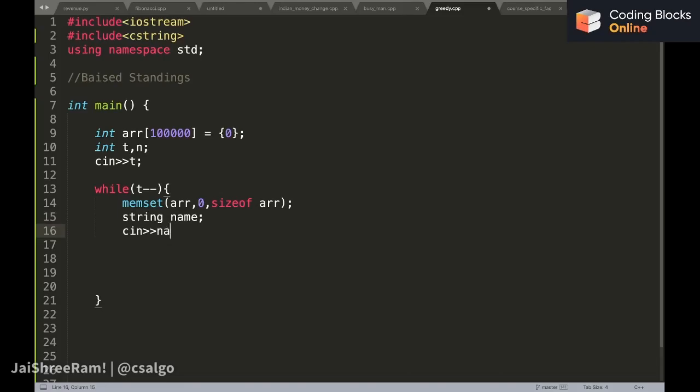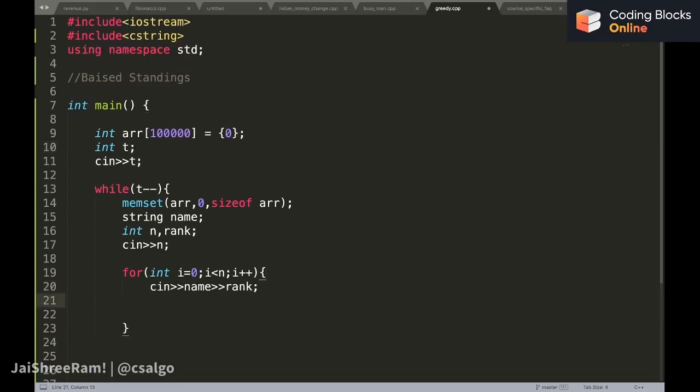So first of all we take input n, then we can say cin name and the rank. This should be done for n number of teams: int i equal to 0, i less than n, i plus plus. So I put a for loop so that I am able to process the rank and the name for every team.